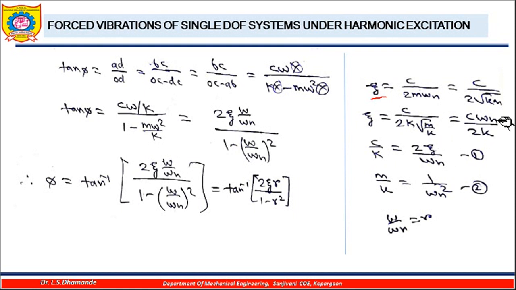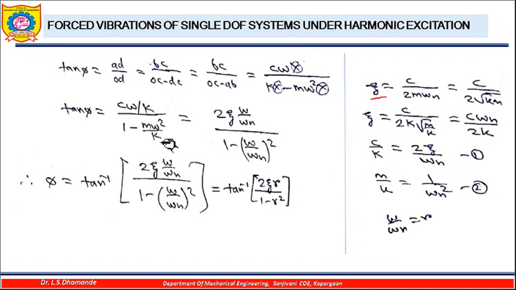So zeta is C omega n by 2k. We do all these conversions because we have to write the value of C omega by k. So C by k is equal to 2 zeta by omega n.